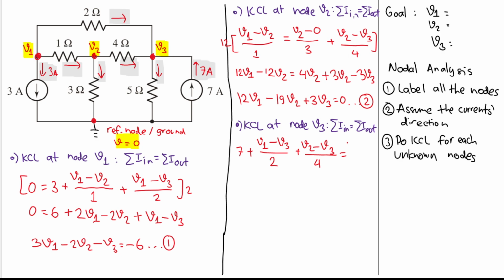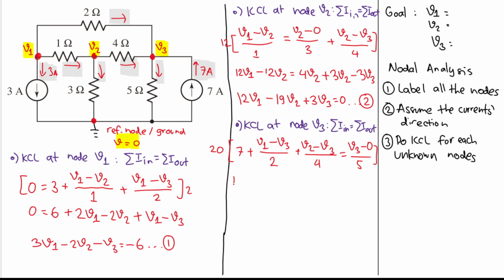Now we have the current that goes out, which is only this one. And that current is V3 minus 0 divided by the resistance between them, which is 5. Good. We can multiply this one here by 20, I think, to get rid of all of the denominators.